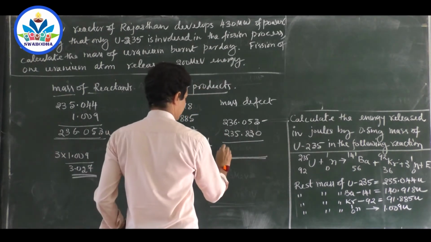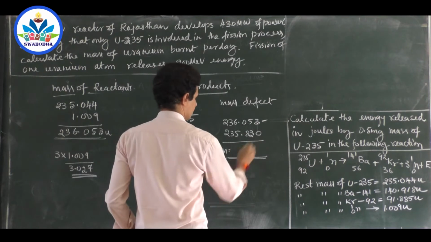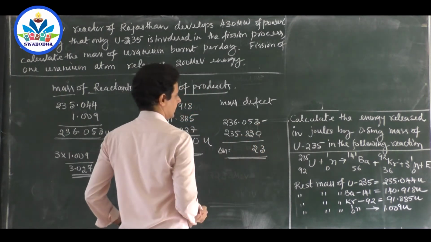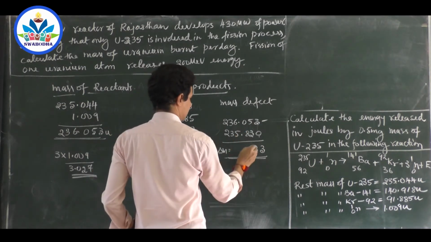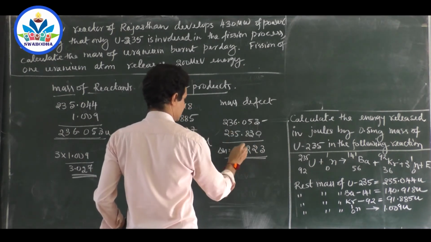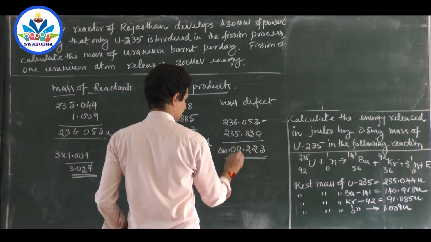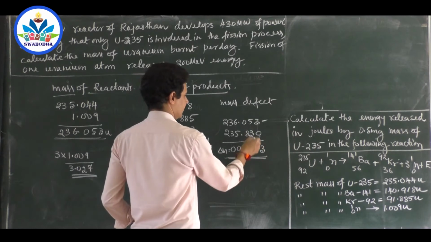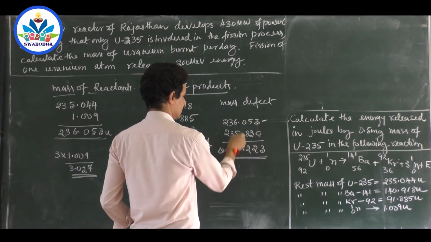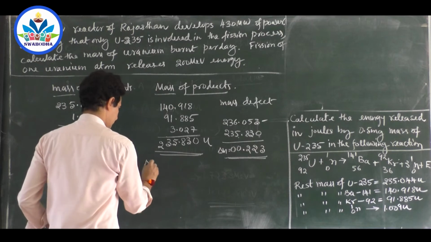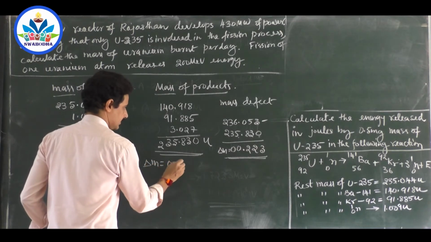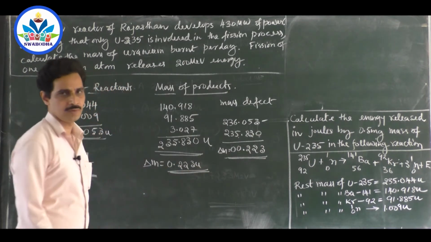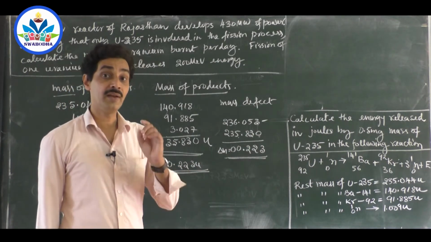That is delta M, which is 0.223 atomic mass unit. So delta M is 0.223 U. This is the amount of mass that has been lost in every fission.